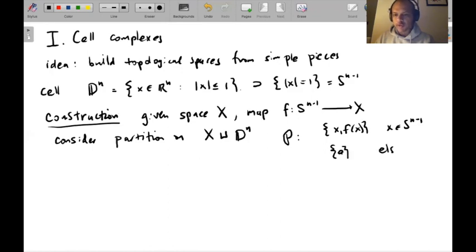So this is either a is in X but not in the image of f, or a is in the disk but not in the boundary sphere.